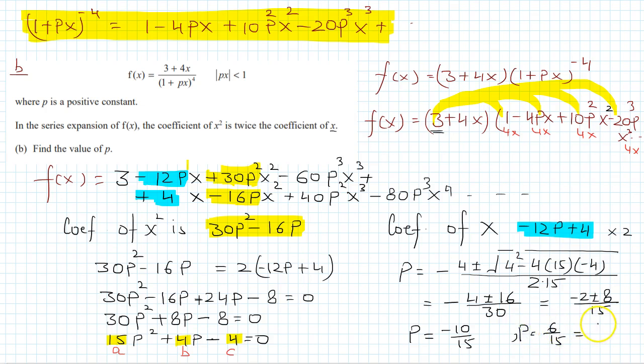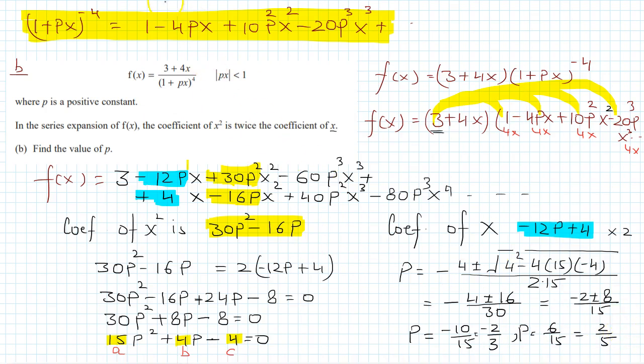So 6 over 15, we divide by 3, so that is 2 over 5. And this is minus 10 over 15. But we have this value.